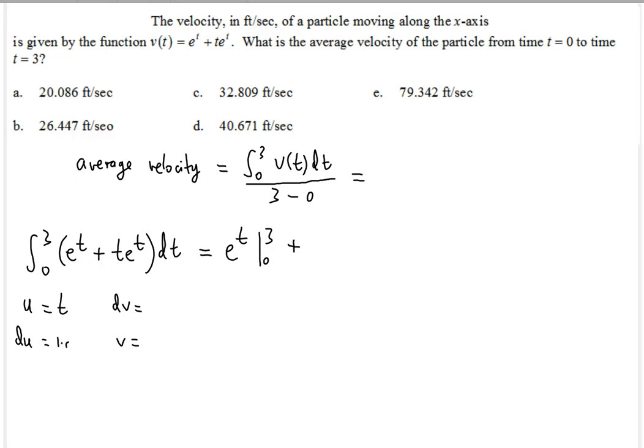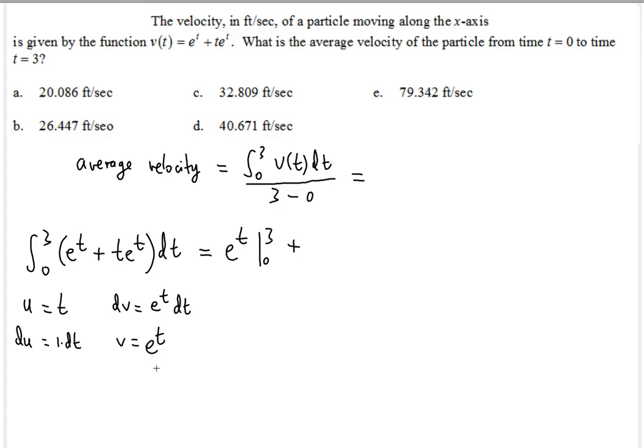So 1 dt is the derivative of that. Now, dv is going to be something to integrate for the integration by parts formula, and you know that it's easy to integrate e to the t, because that stays to be itself. So e to the t dt is going to be integrated, and the antiderivative is going to be e to the t.